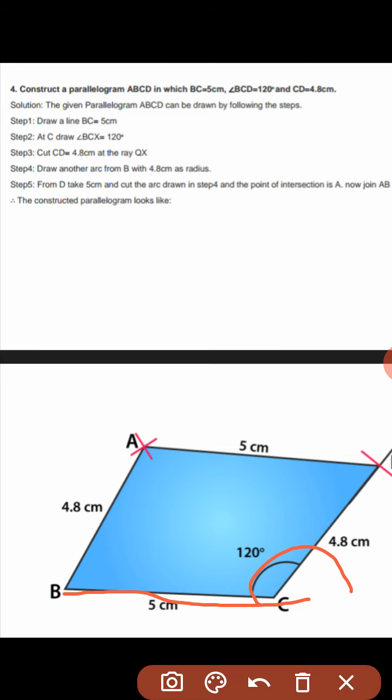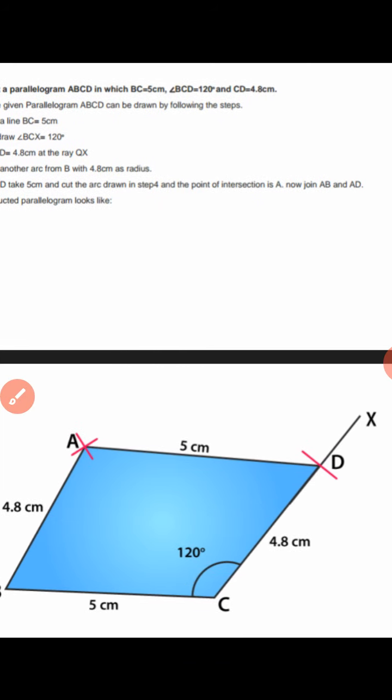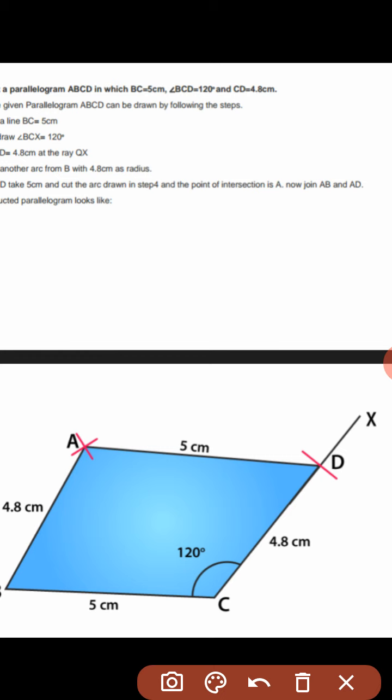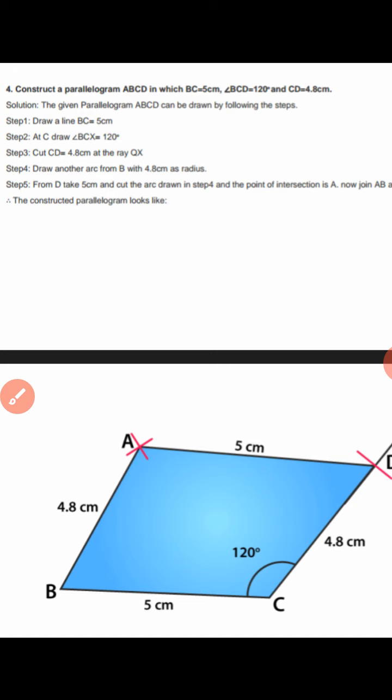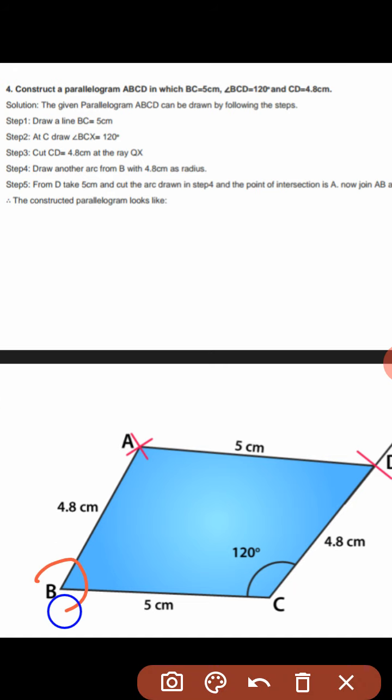Then from point C we have to cut an arc of 4.8 centimeter. Then draw another arc from B with 4.8 centimeter. From point B also we have to cut another arc, that is 4.8 centimeter. After this, from D take 5 centimeter.